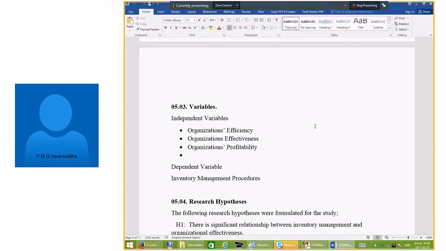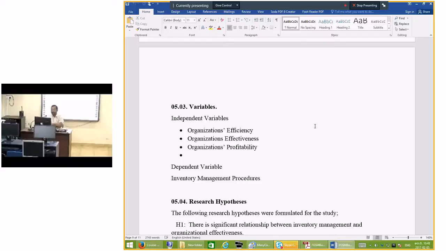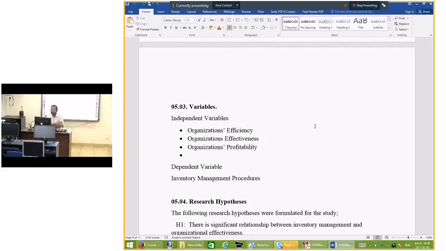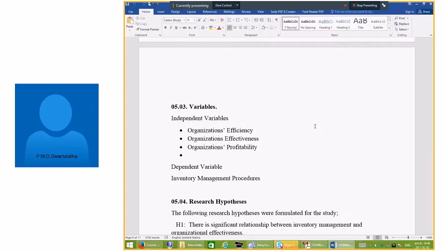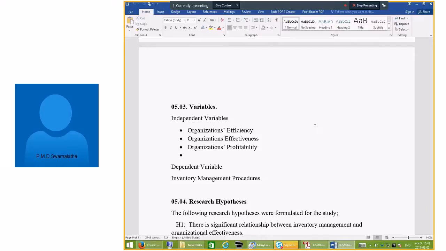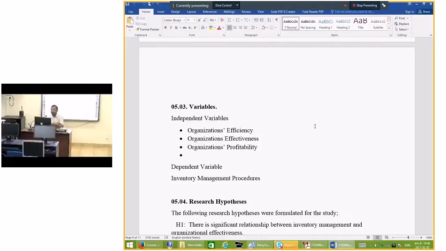Does efficiency depend on inventory management procedure, or does inventory management procedure depend on efficiency? Efficiency depends on inventory management procedures.